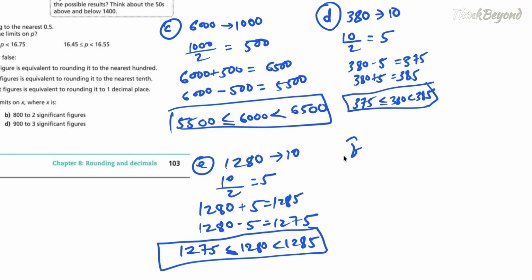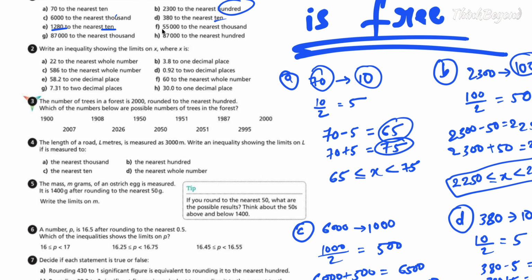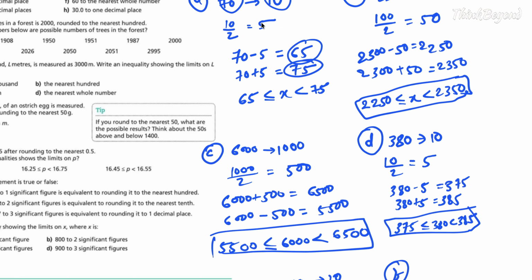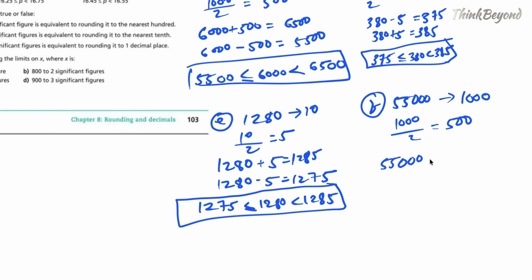Okay, now for question number F. It says 55,000 to the nearest 1,000. Half of 1,000 is 500. Now 55,000 minus 500 will give you 54,500.